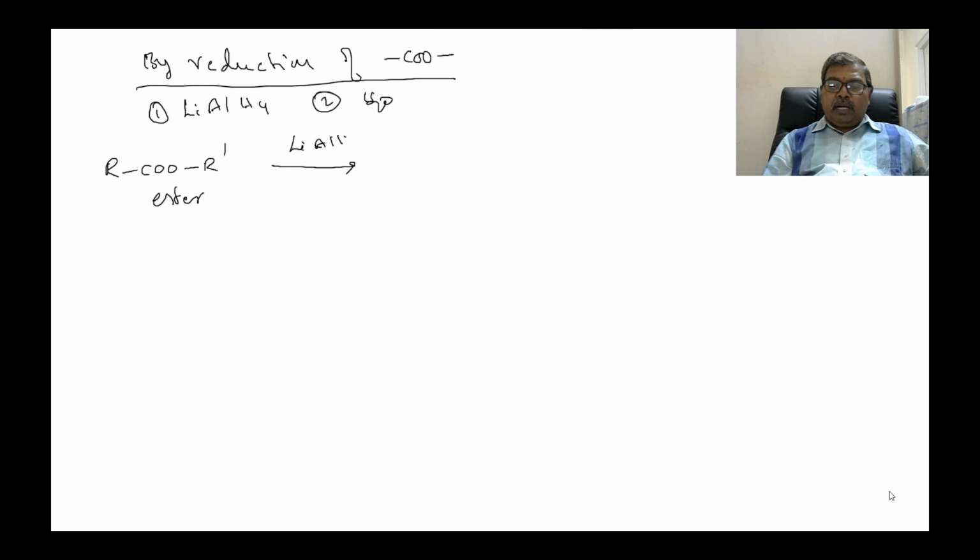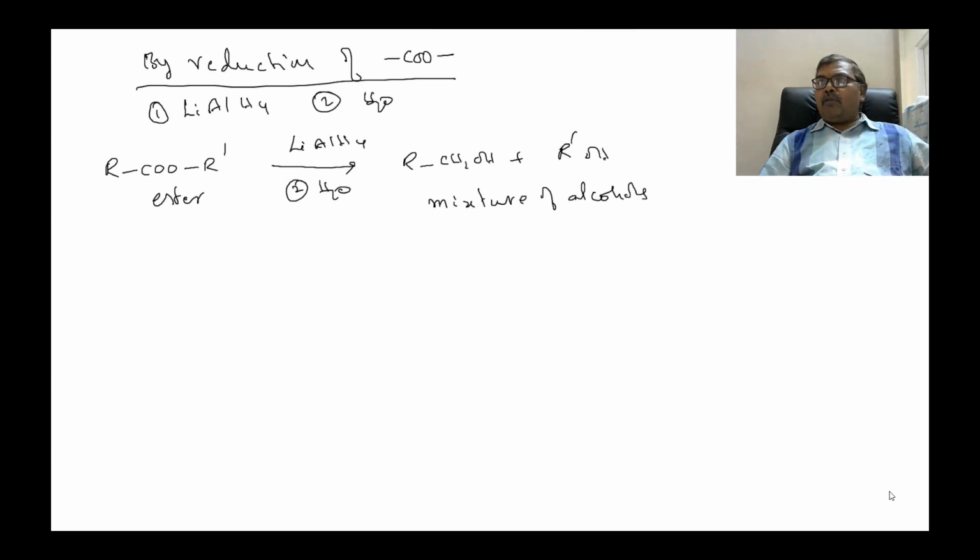Lithium aluminum hydride and second step water. Then you will get RCH2OH plus R dash OH. So you will get a mixture of alcohols. Clear?